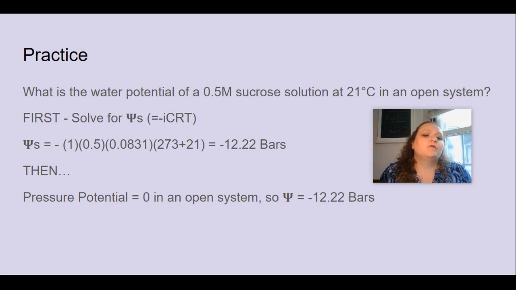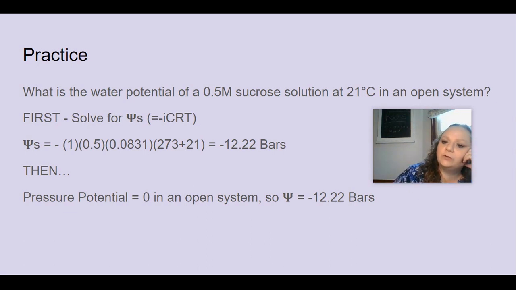Okay, so first we need to solve for solute potential, which equals negative iCRT. So let's put all of those things together. So we know it's sucrose. Sucrose's ionization constant is 1. So we have negative times 1. Then we're going to use the molarity, so that's 0.5.